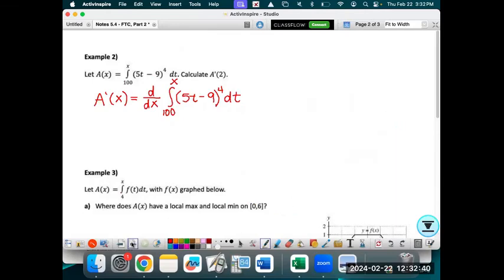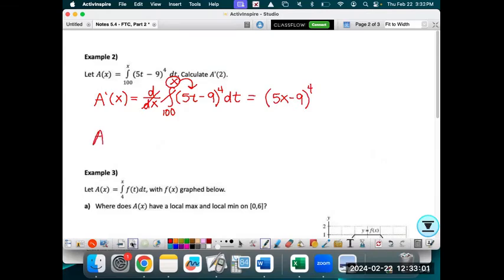That's not fun. That's why we just learned about FTC part 2, where if we take the derivative of the integral, it's like they cancel out, and then that variable is passed into your integrand. So I would actually be left with (5x minus 9) to the 4th power as my A prime of x.